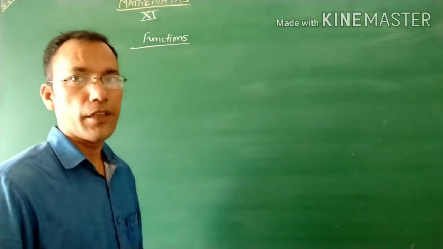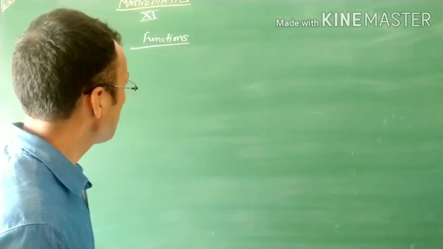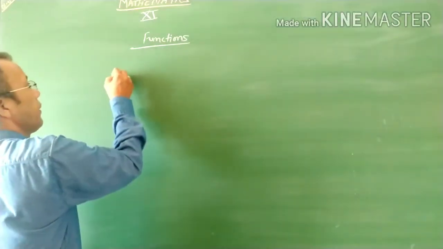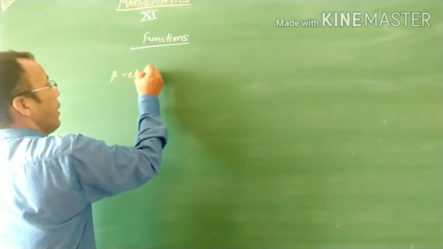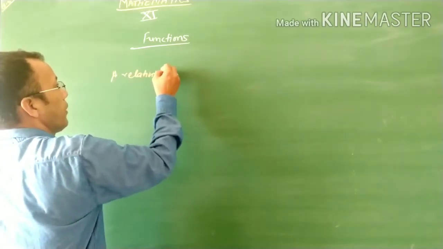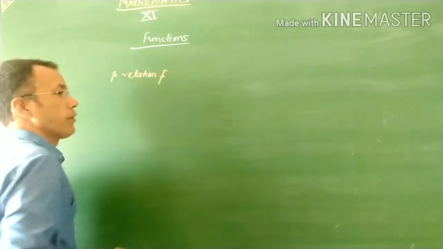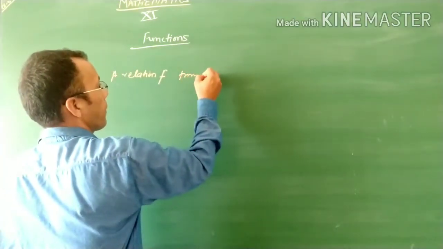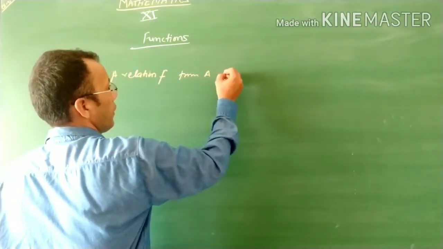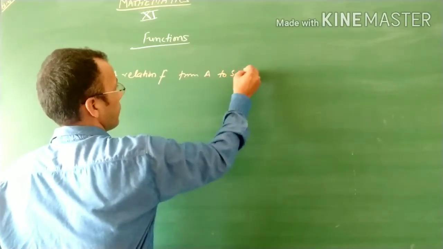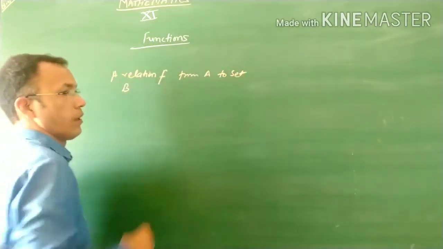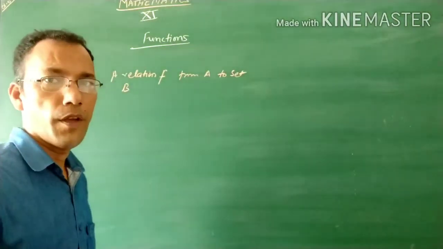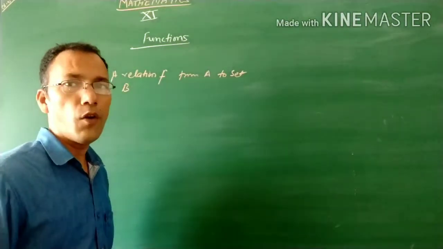First, the mathematical definition. A relation F from set A to set B, we are writing this F for the function, in which every element has one and only one image.